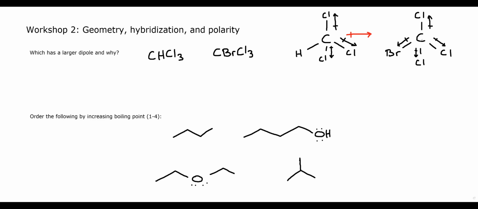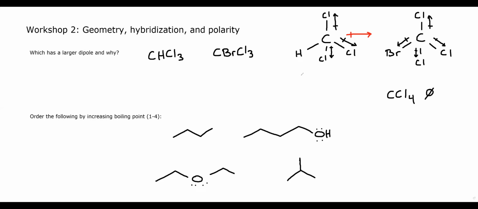It's almost going to be no dipole whatsoever, because if we look at CCl4, carbon connected to 4 chlorines, that has no overall dipole, because all the chlorines are pulling electron density equal and opposite from that carbon. So the overall dipole is actually 0. A very similar thing is going on here because bromine and chlorine have very similar electronegativities. So the overall dipole for this is actually very weak, almost none.